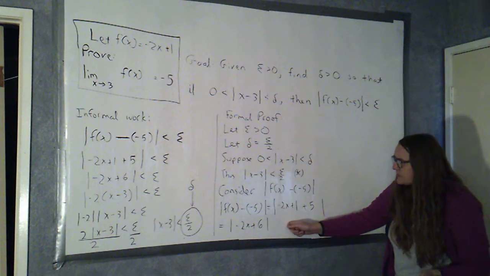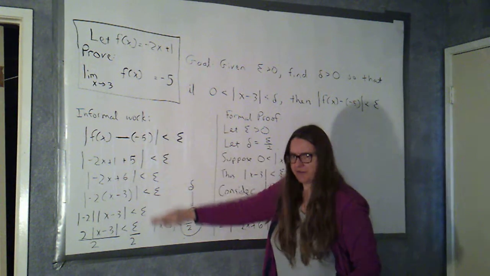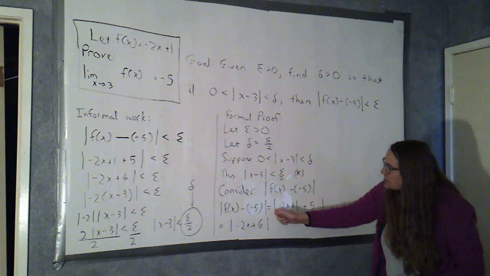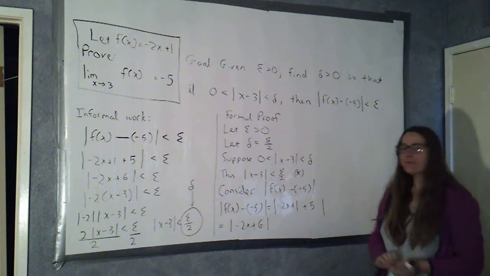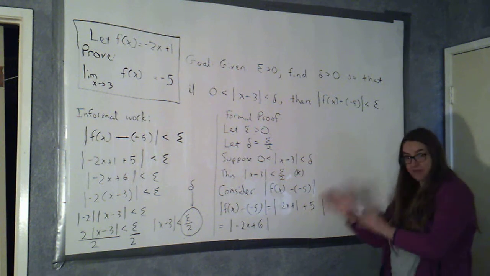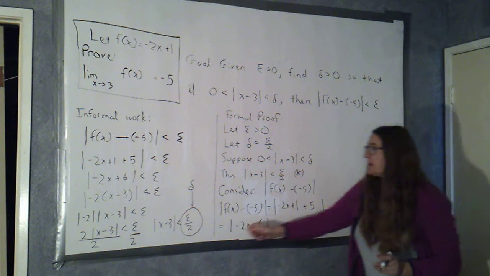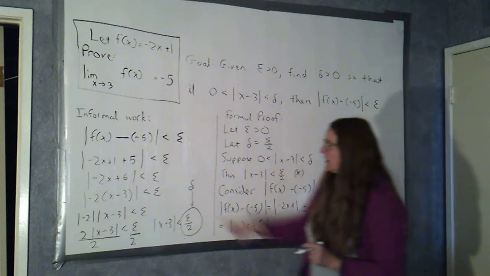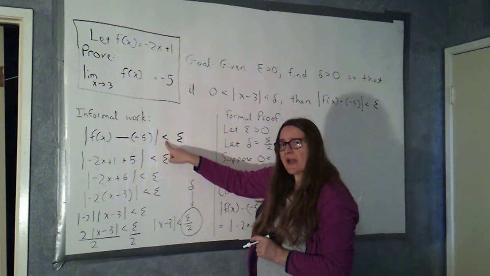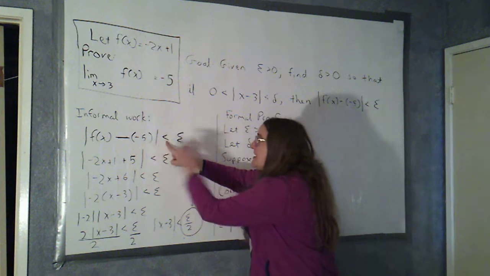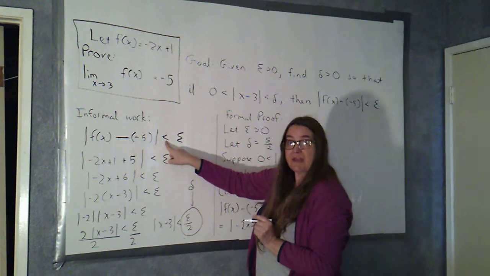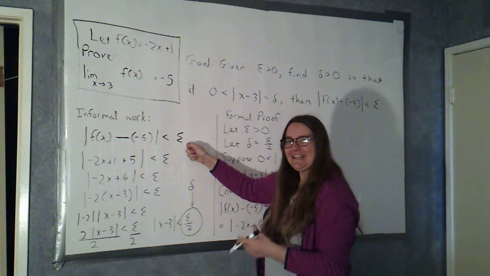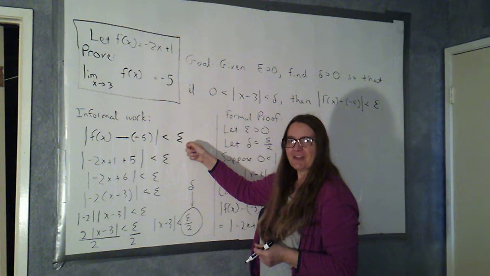Now, it feels like I'm doing a lot of the same stuff that I did over here, and I am, but here's the difference. I can justify every one of the equalities and eventually inequalities that I'm writing in my formal proof. Over here, this inequality sign wasn't justified. I had no reason to know that this was true yet. So all of my work was based on this inequality that I hadn't justified yet.